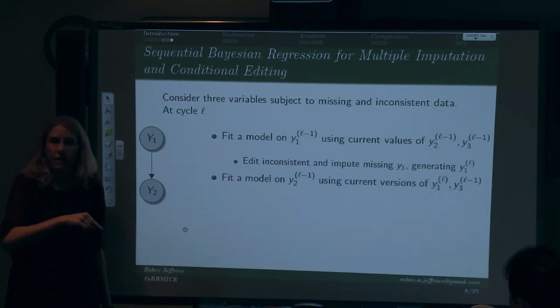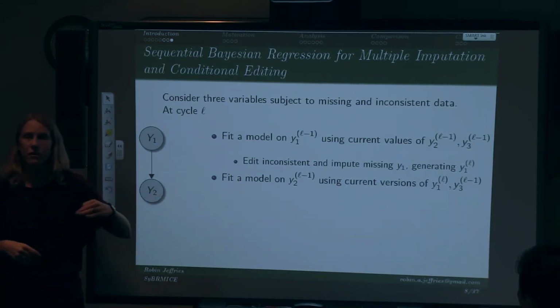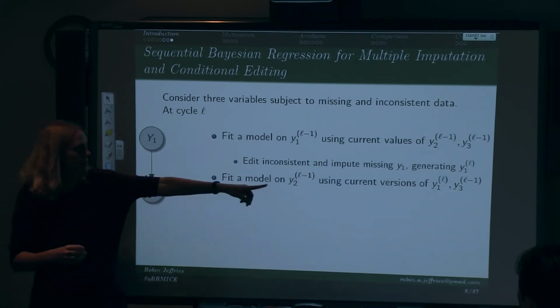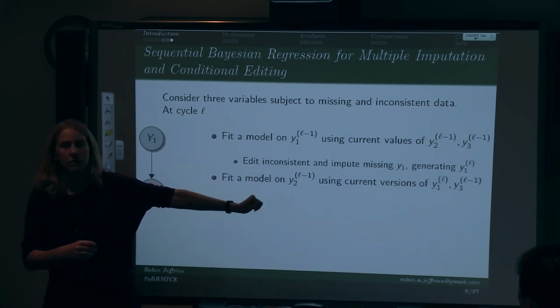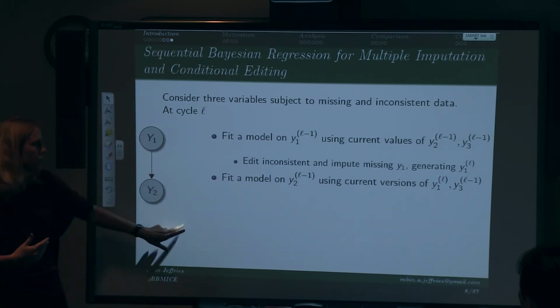And then use that in a model for Y2, and we're still using the most current versions of the data, so we're using the Lth iteration of Y1, but the previous version for Y3, because we haven't gotten there yet.